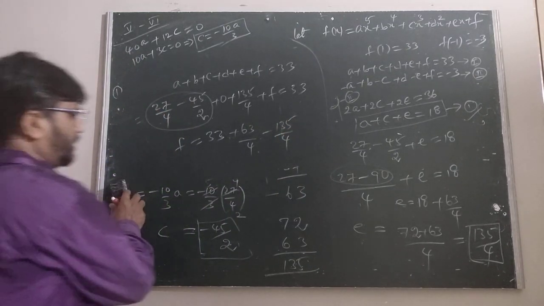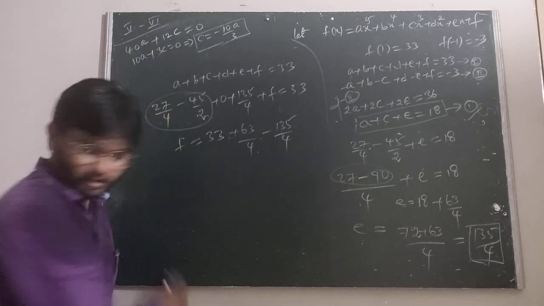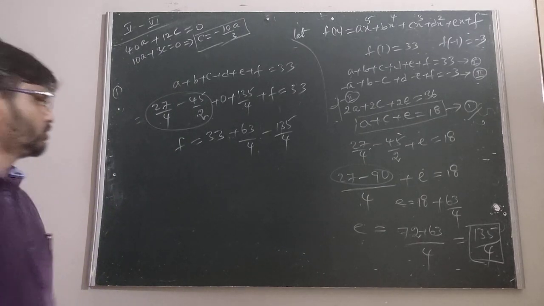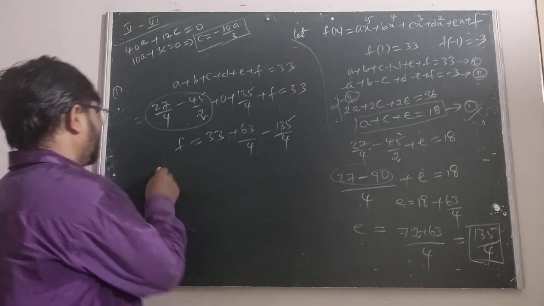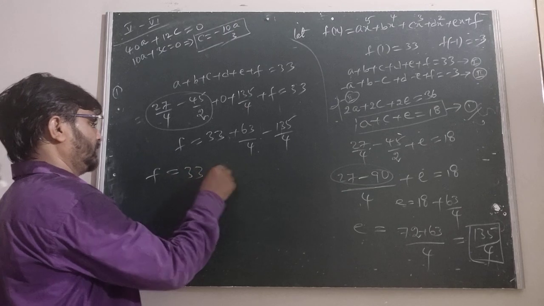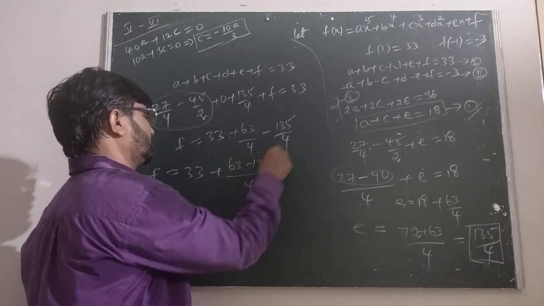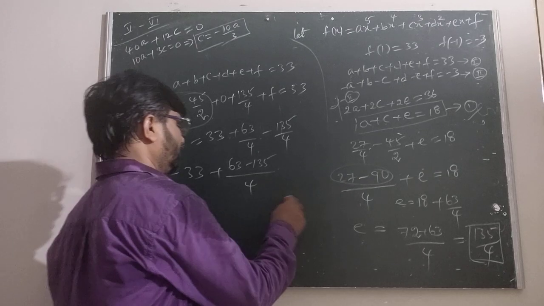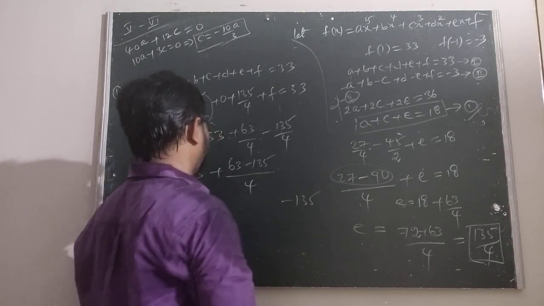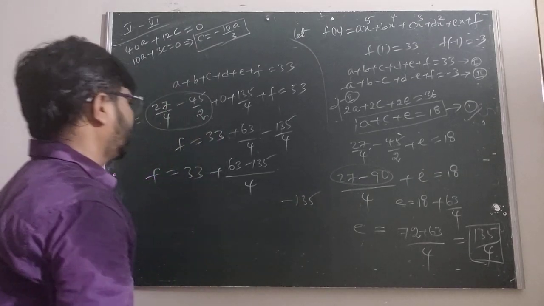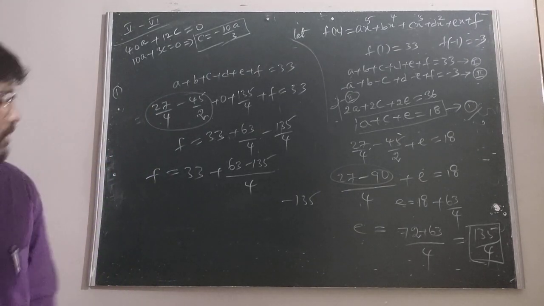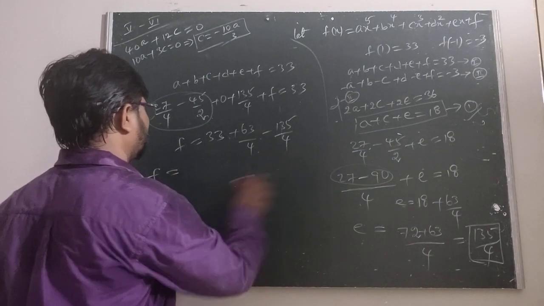Now we are getting the F value as 33 minus 63 minus 135, and we are taking the LCM, which is 4.